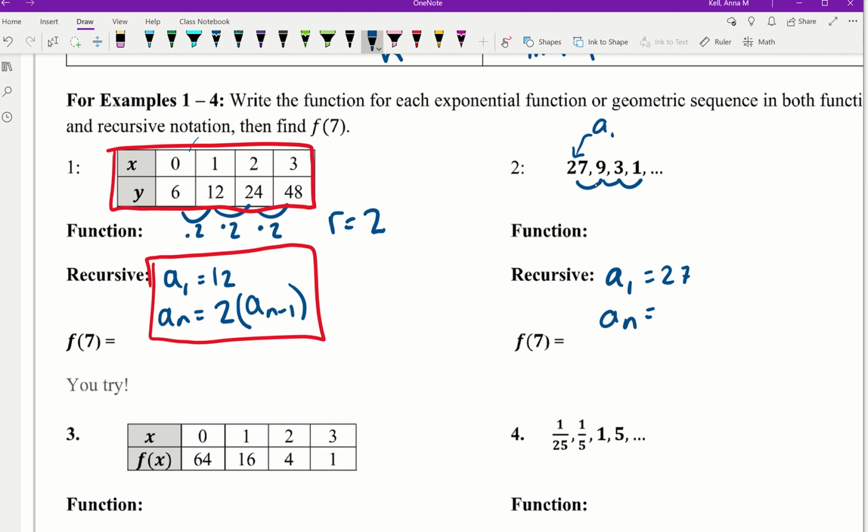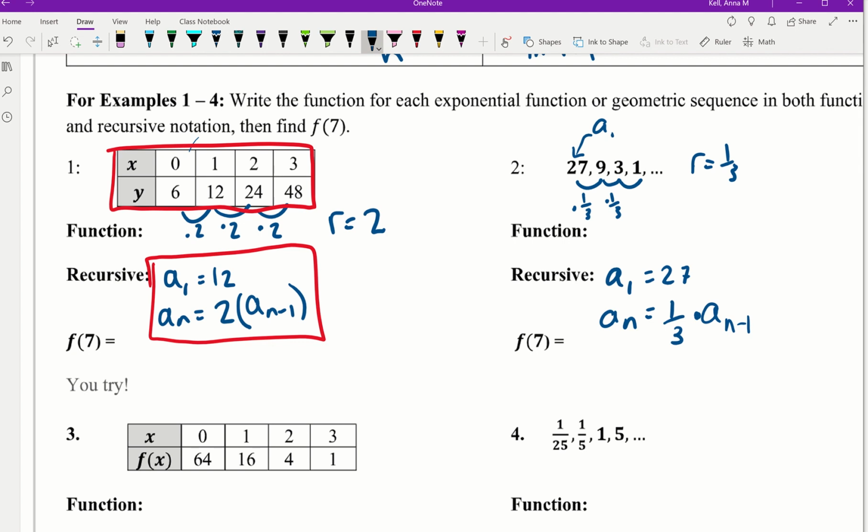To go from 27 to 9, it looks like I'm dividing by 3. Dividing by 3 is the same thing as multiplying by 1/3. So my common multiplier is 1/3. My A sub n is equal to 1/3 times A sub n minus 1.